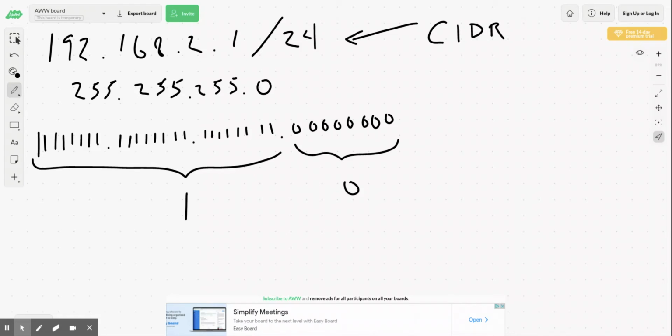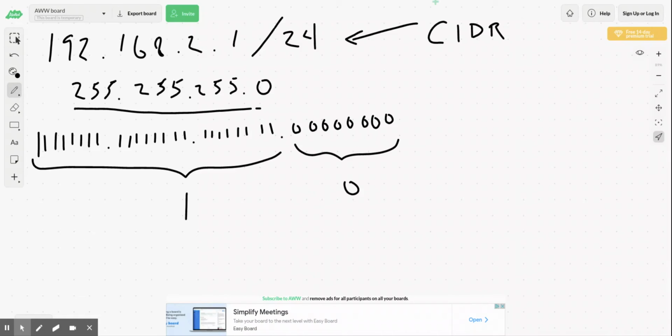CIDR notation of /24 and the subnet of 255, 255, 255, 0 are the same, and you need to be able to switch back and forth between the two of them anytime that you like. It works out pretty well. It's not all that hard, and entering a /24 instead of typing in 255, 255, 255, 0 presents opportunity for fewer typographical errors when you're programming your network. So it's good to be able to switch back and forth between CIDR and not.